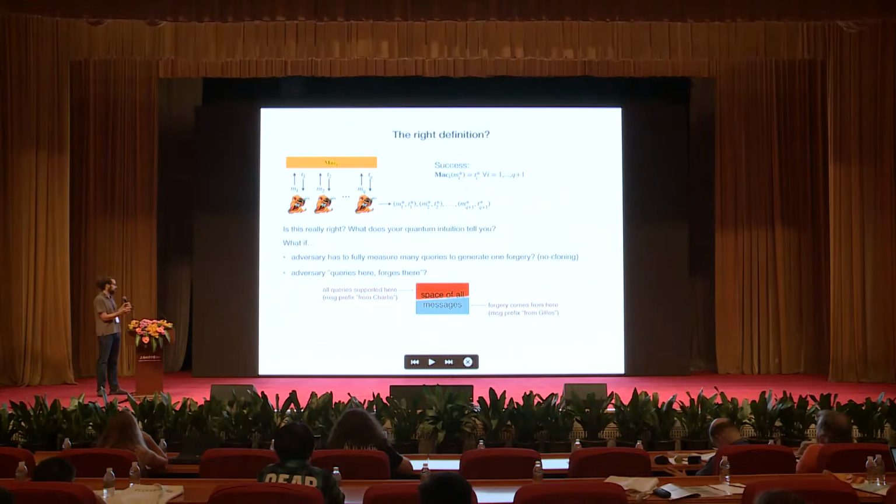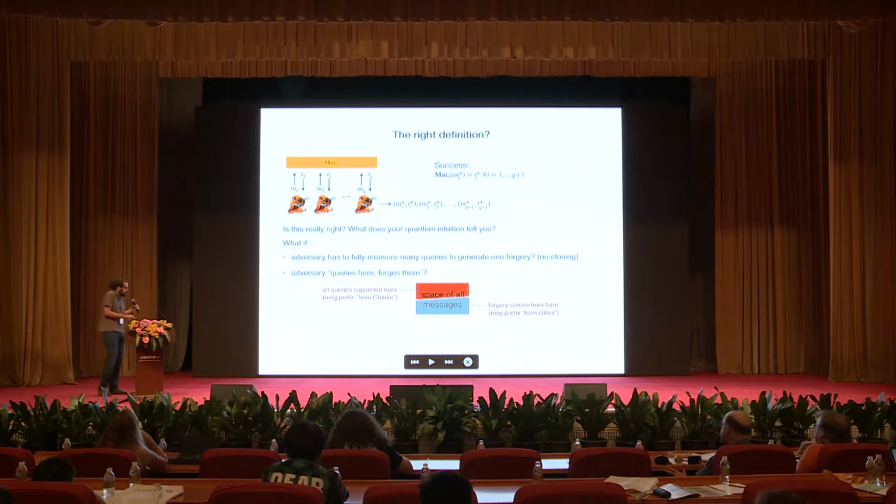Or maybe an adversary makes just one query and outputs exactly one input-output pair, but it queries in one place of the message space, and then outputs a message from a different part, right? Maybe the query is completely supported on this red region here, and the forgery is from this gray region.